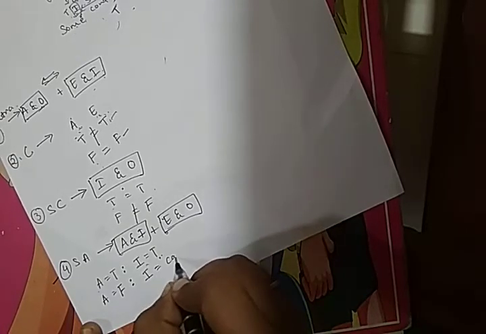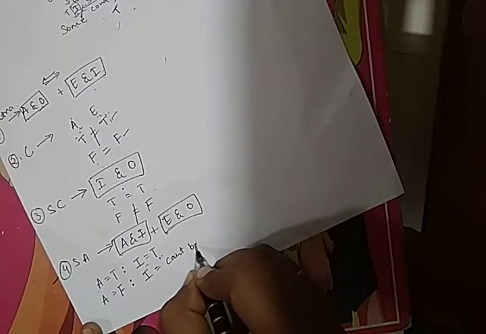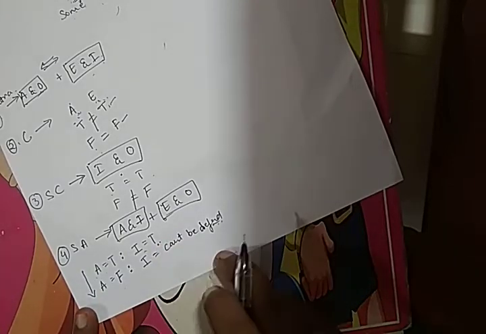If A is false, I can't be defined. Can't be defined. This is from upward to downward movement. Same goes for E and O also. Same is the pattern for E and O also.